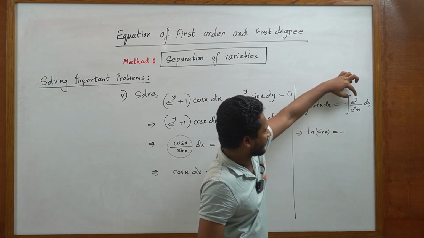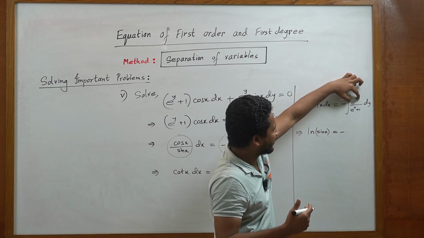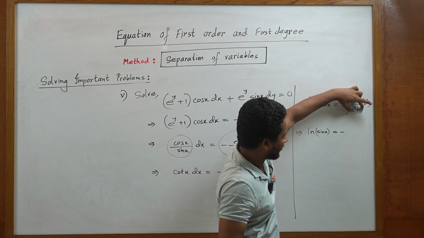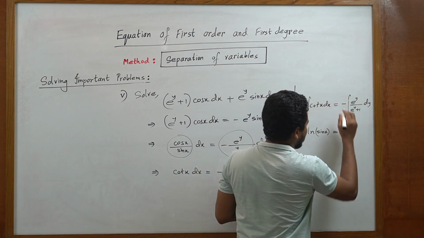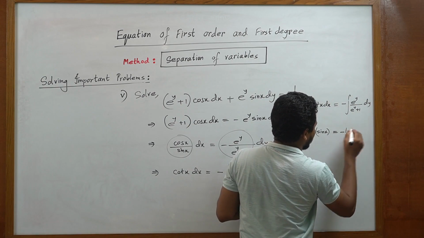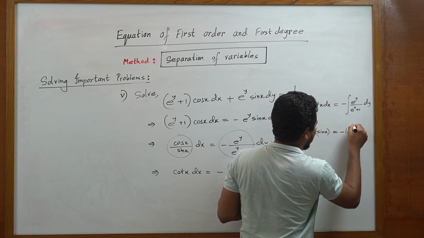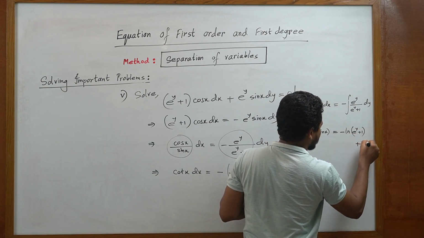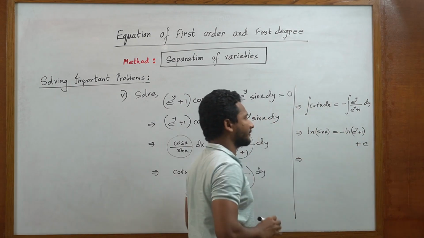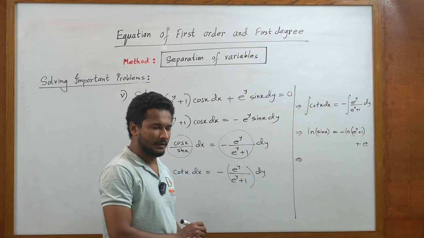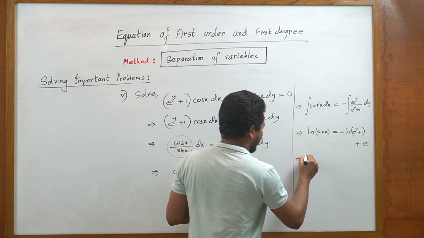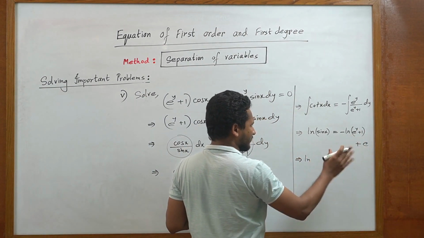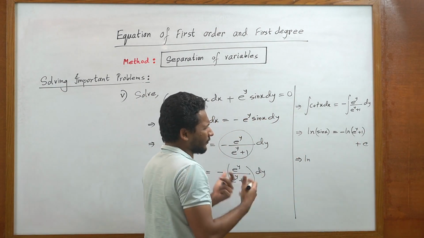Here the numerator is the derivative of the denominator, so the integral is the natural logarithm of e to the power y plus 1, plus c. Here this is a solution. Of course this is a solution, but we can modify it.